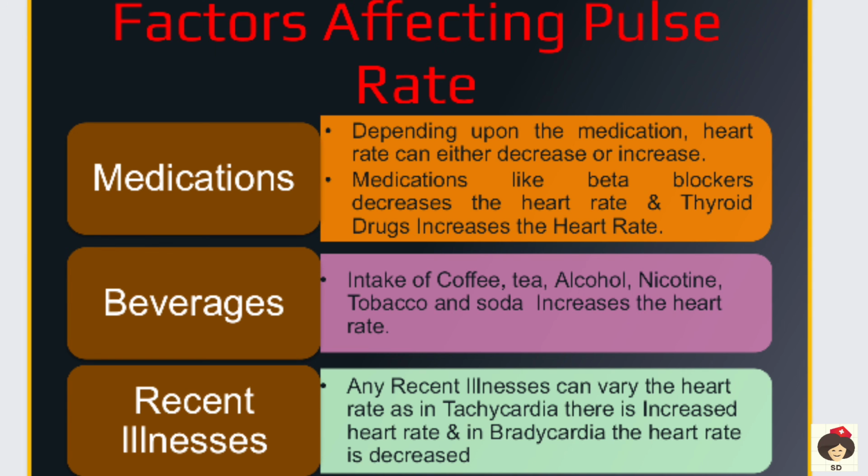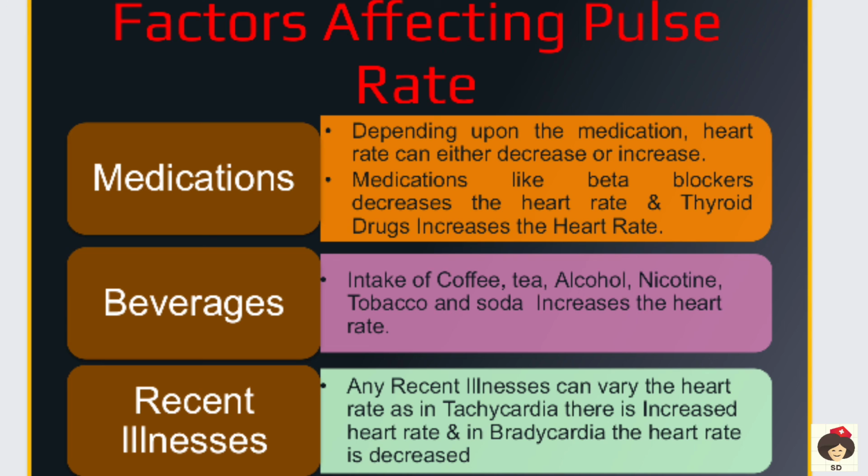And next is medication. There are medications which can decrease or increase the heart rate. Like beta blockers, which are given during hypertension etc., they will increase the heart rate. And thyroid drugs, given when the thyroid is not functioning properly, will increase the heart rate. And beverages like coffee, tea, alcohol, nicotine, tobacco and soda will cause vasoconstriction.